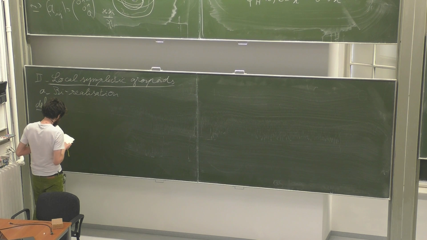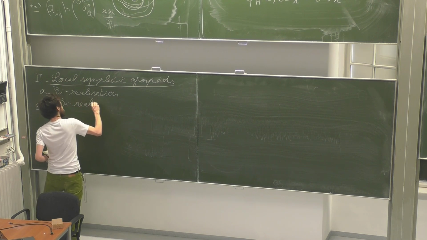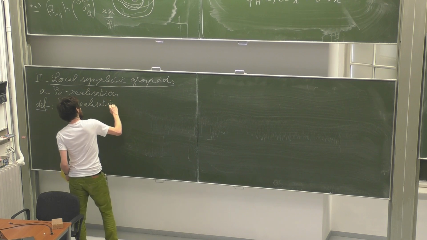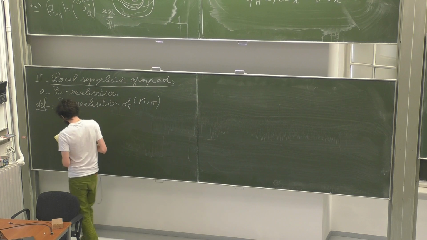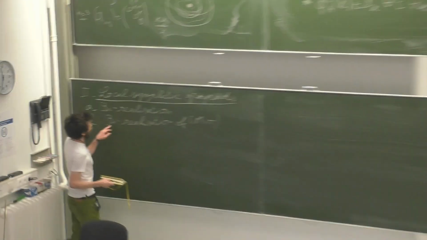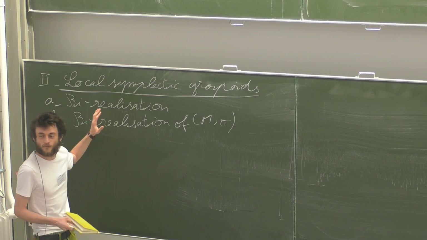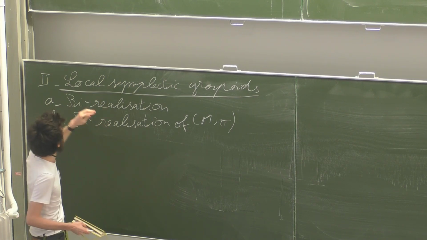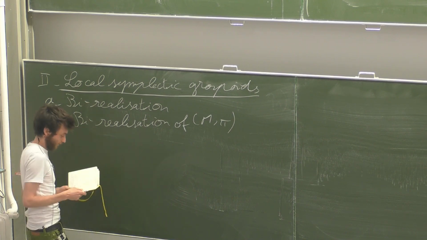So let me write the definition. A B realization is, for those of you who know Poisson geometry, related to local symplectic groupoids.